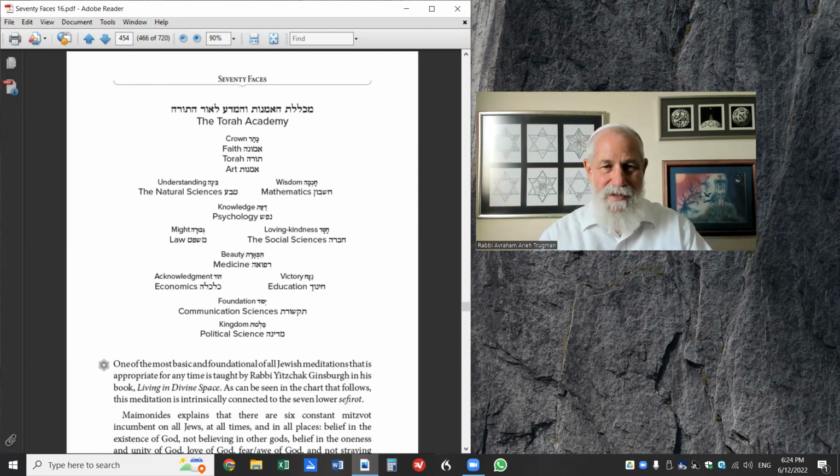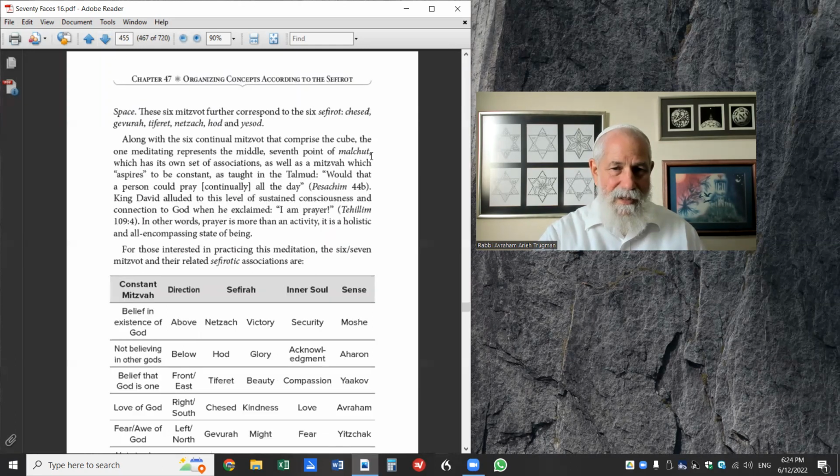So each one of these secular knowledges that connect to the Sefirot would be like a separate part of the university. So this is a very, very fascinating one. Rav Ginsburg has a whole booklet explaining the connections between the Sefirot and each one of these arts and sciences.